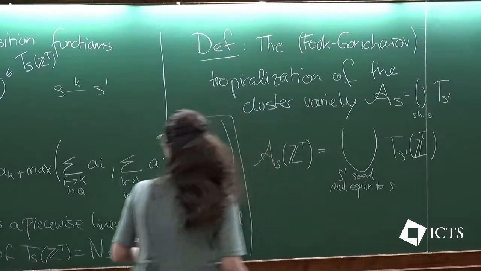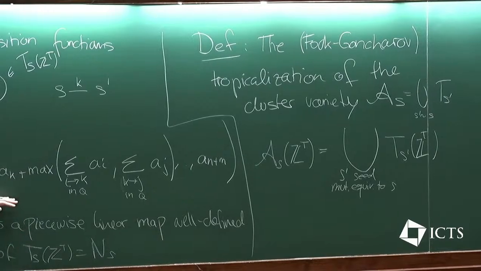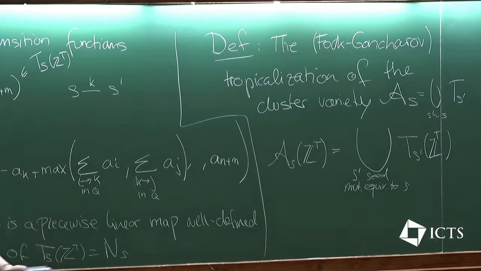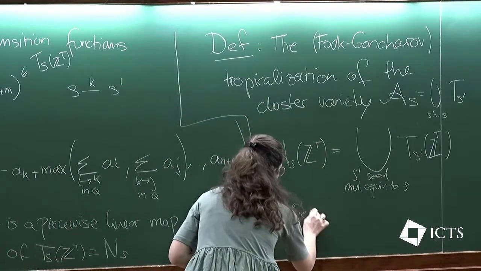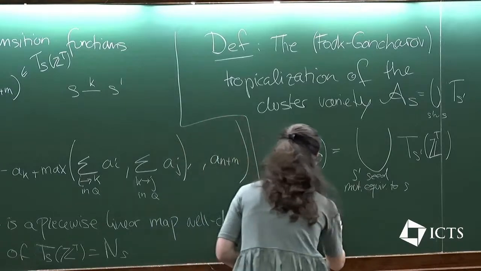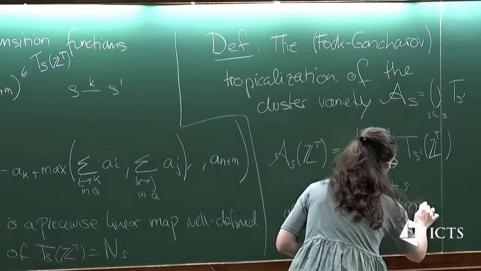And I identify two points in two different copies of the lattice if they are mapped to each other under some composition of these piecewise linear maps. So I will write this just as I wrote it in the classical case, glued along the tropical transition functions.